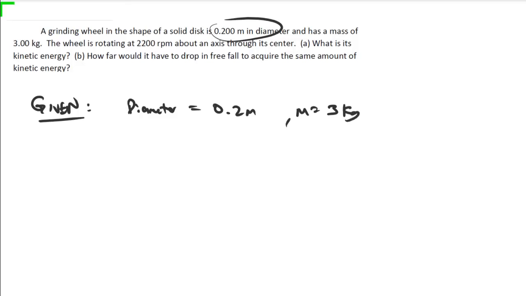And it's rotating at 2200 revolutions per minute. So omega is equal to 2200 RPMs. And there are two other very important pieces of information here.